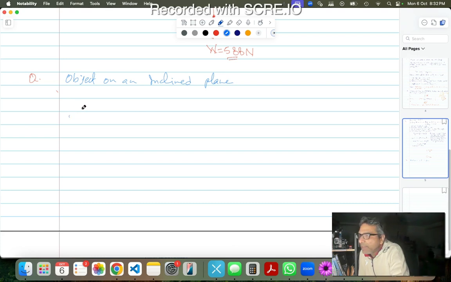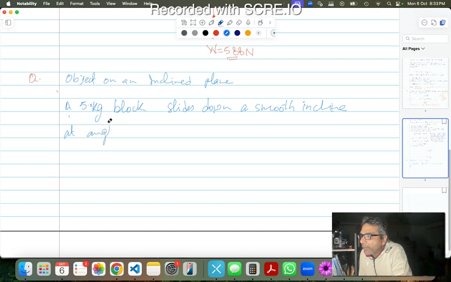So the question says a 5.0 kg block slides down a smooth incline at angle 30 degrees, right?